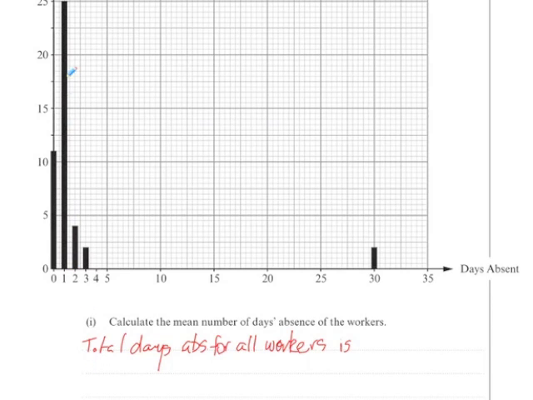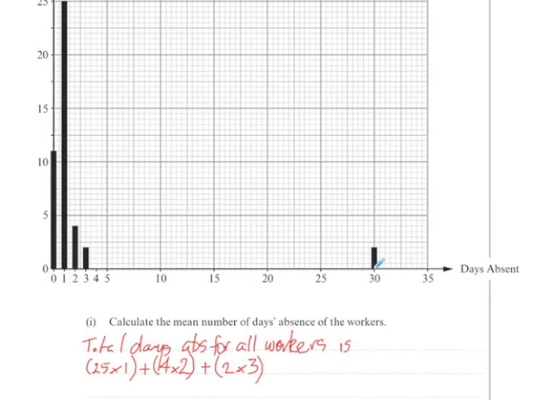So here we look, we've got 25 workers away for 1 day, so it's 25 times 1 plus, and there are 4 workers. Remember that 2 of the small units represents 1 person, so it's 4 times 2 plus, and that's 2 people away there, so that's 2 times the 3 days.